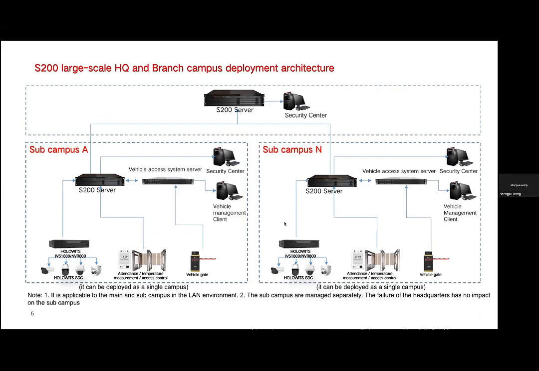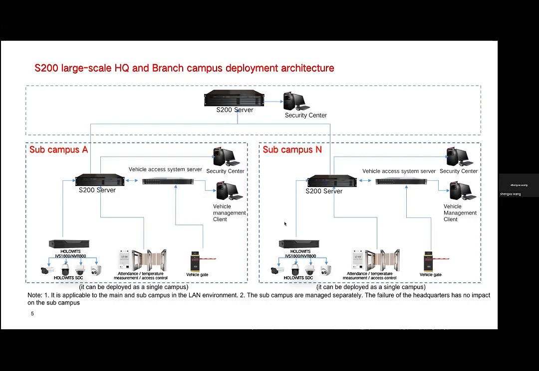Let's see the large-scale deployment architecture. This is for a large scale. It is the headquarters and branch campus deployment architecture. You could think about an enterprise with a headquarters in Bangkok, for example, in Thailand, and it has multiple branches in other cities in Thailand, right?